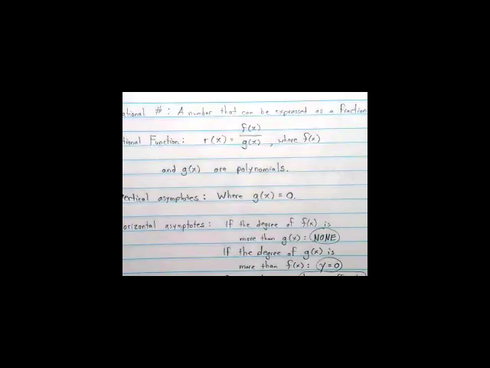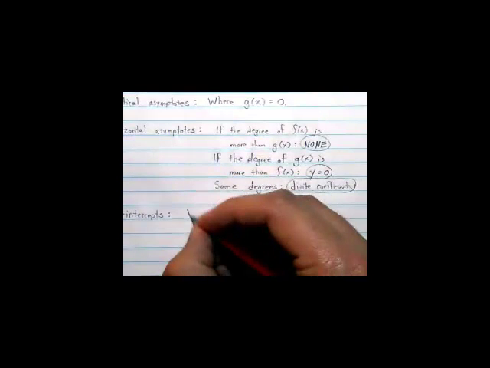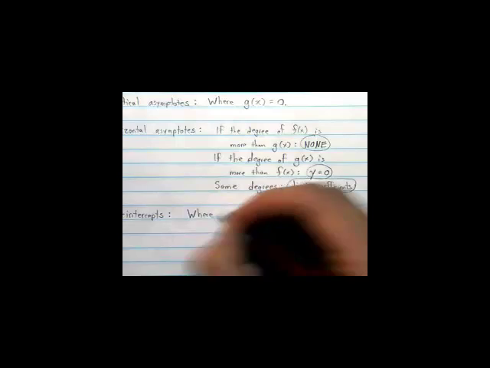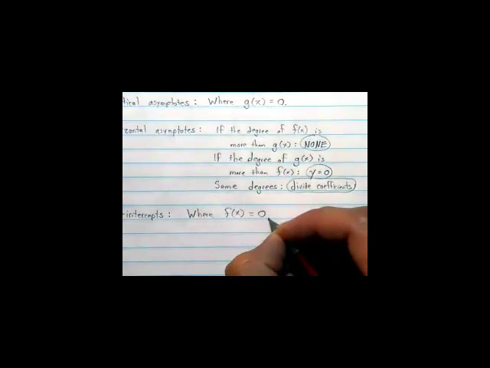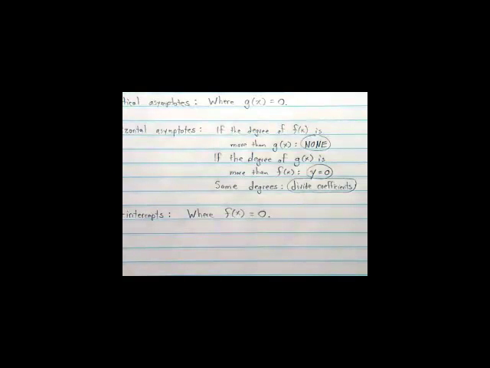The denominator plays no role whatsoever in that. Does that make sense? Okay. So because 0 divided by anything is still 0, I just want f of x to be 0, and I've done it. So to find x-intercepts, that's where f of x equals 0. That's it.